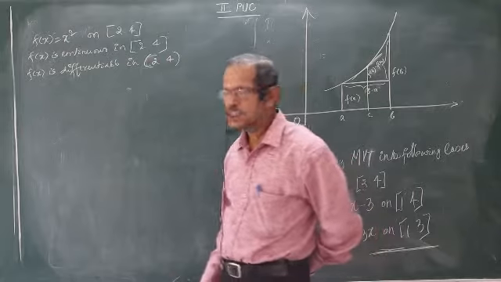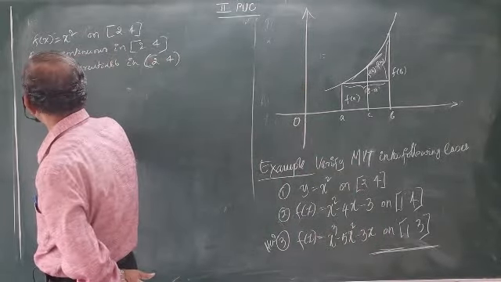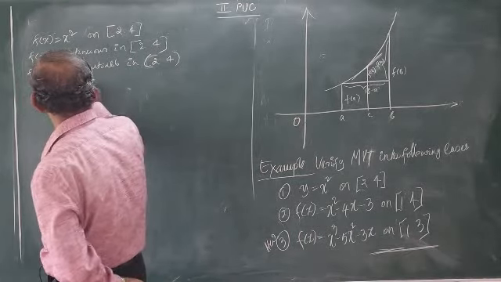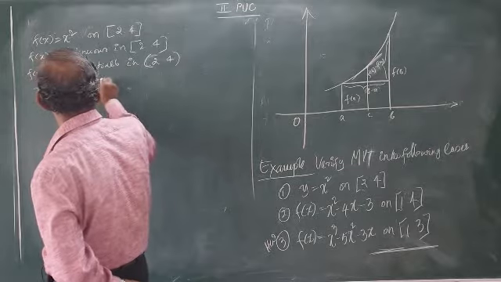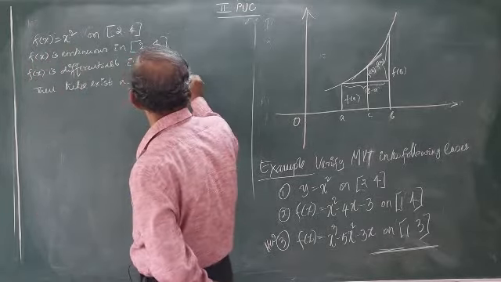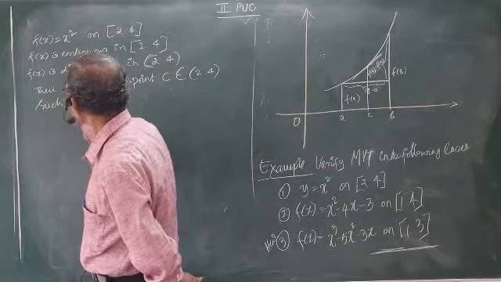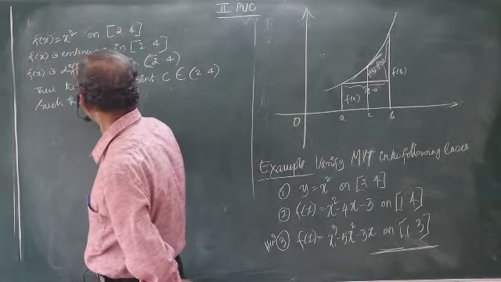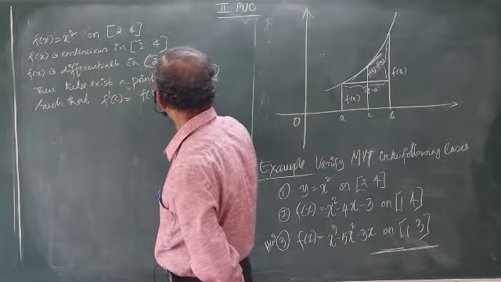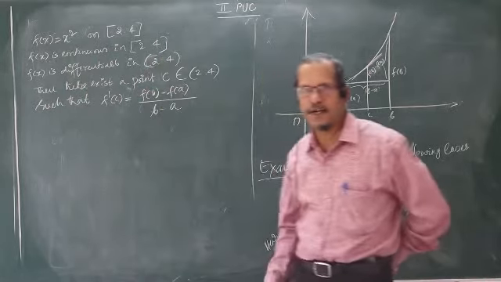Only those are the conditions. Now there exists a point C in the interval 2, 4 such that f dash of C equal to f of b minus f of a by b minus a.